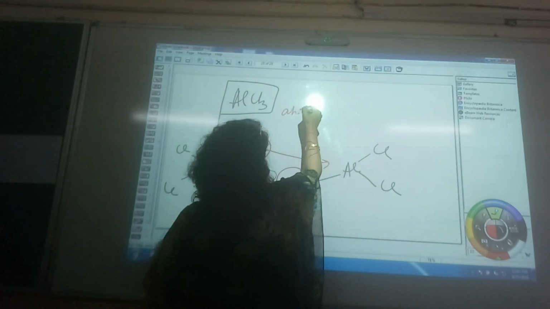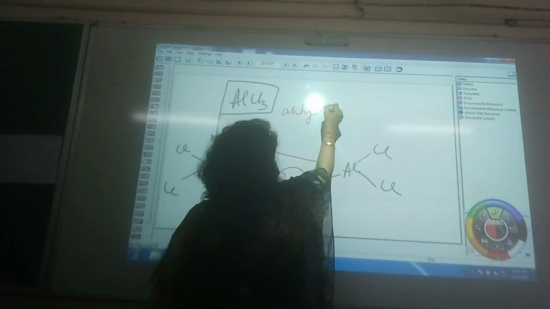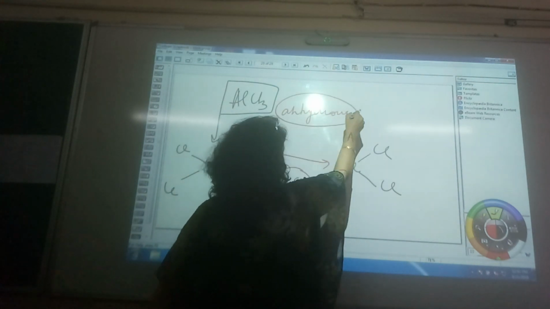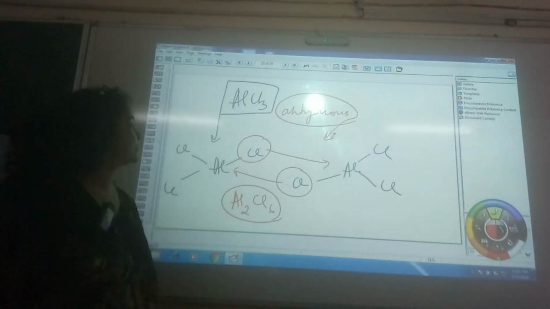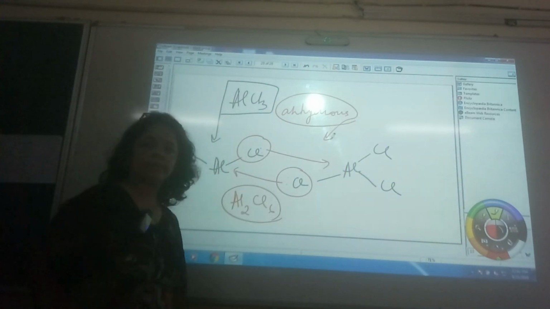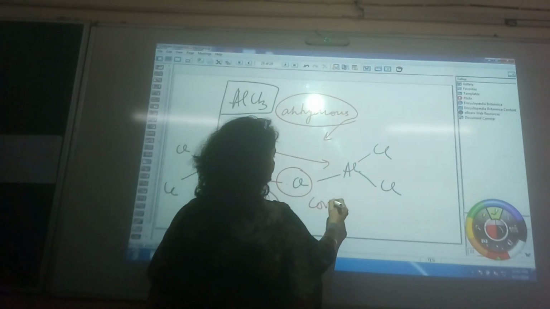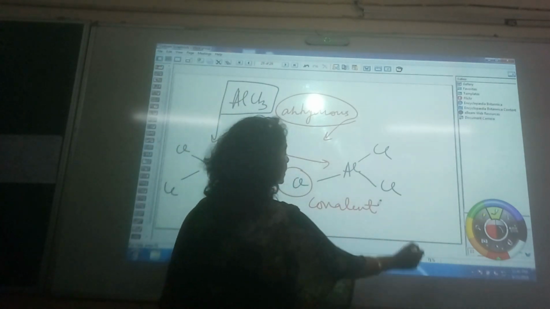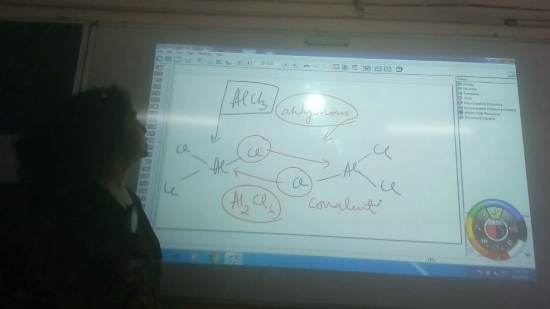This situation is under anhydrous conditions, where there is no water. So anhydrous AlCl3 is like this. It is a covalent compound, covalent like BeCl2, also polymeric.